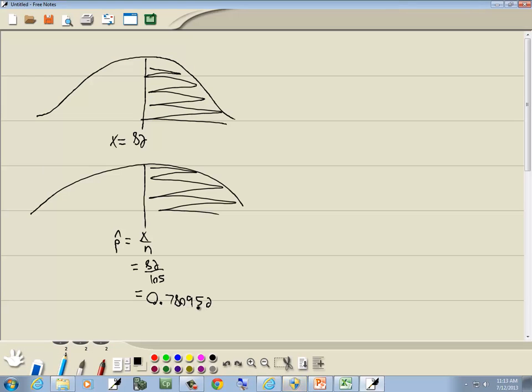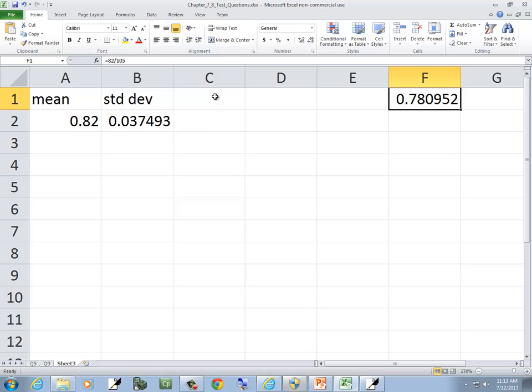It goes out 6 places. Typically you don't want to do any rounding in the middle of your problem. Okay, so that's p hat.